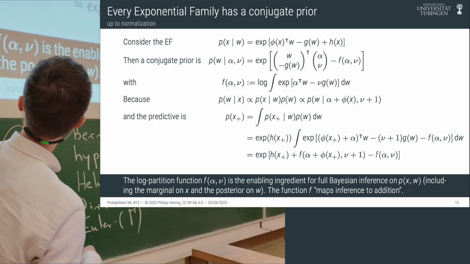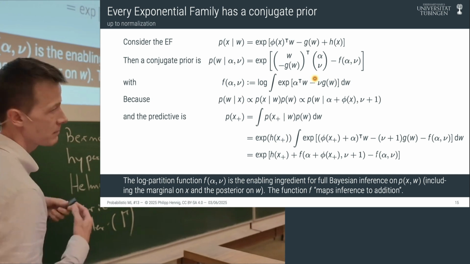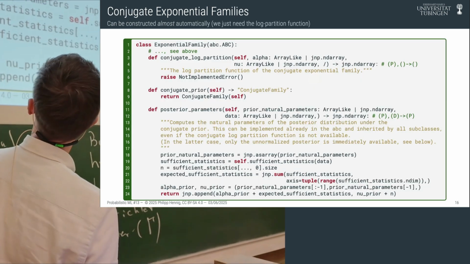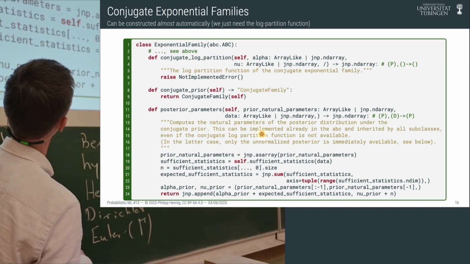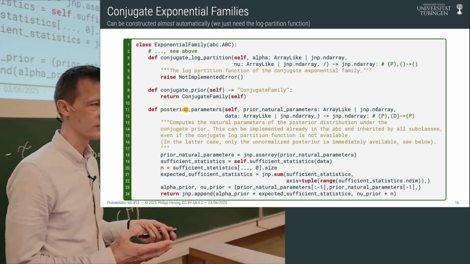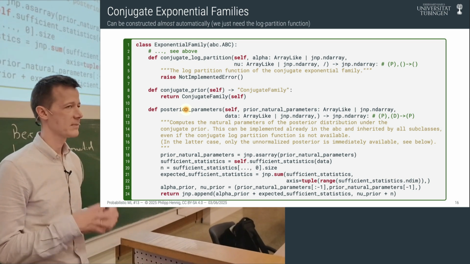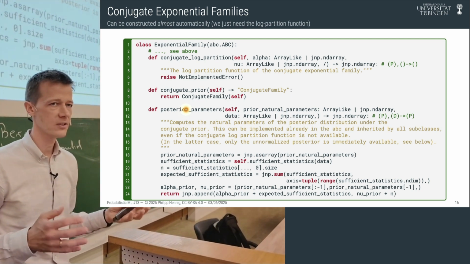And then you can do this construction here, that this equation can be implemented in code, obviously. And once you have that, you can then do inference on yourself from a data set. So you have a method called posterior parameters, or you could think of this also as infer, or as posterior, or as learn is another way to call this method, right?